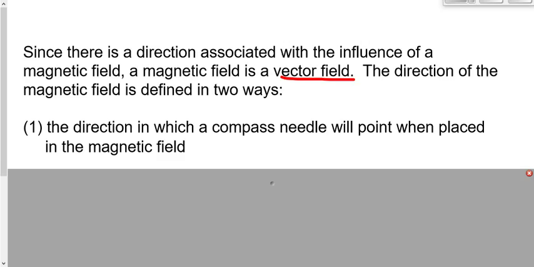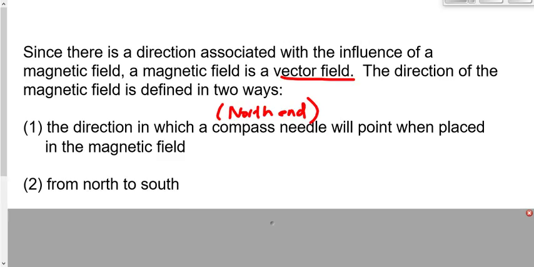The direction which a compass needle, let's say the north end of a compass, because that's the compass needle. The red tip of the compass, if a compass is functioning properly, is the north end of the compass. So the magnetic field is the direction which the north end of a compass or the compass needle would point when placed in the magnetic field. That's how you guys labeled the diagrams in the activity.